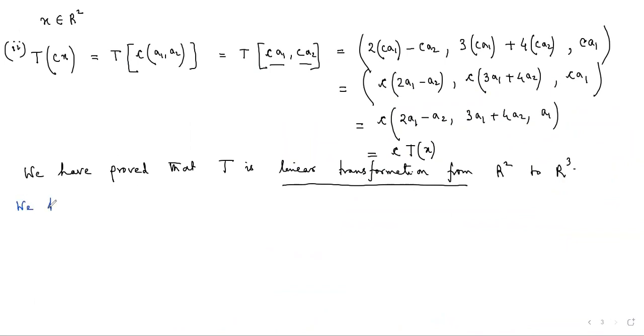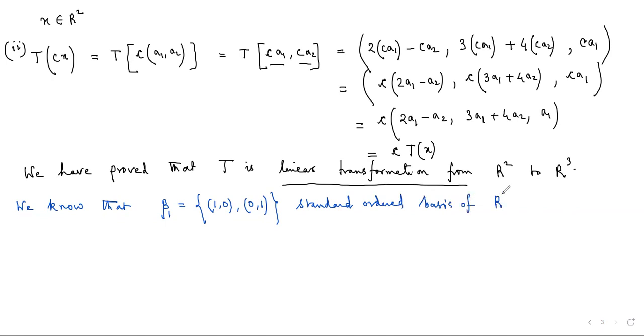We know that beta, (1,0), (0,1), is the standard ordered basis of R2, and beta 2, or rather, if I want to stick to the notations defined in the definition, then let us call this first one beta and the second one gamma.